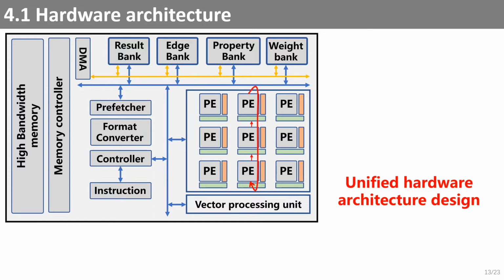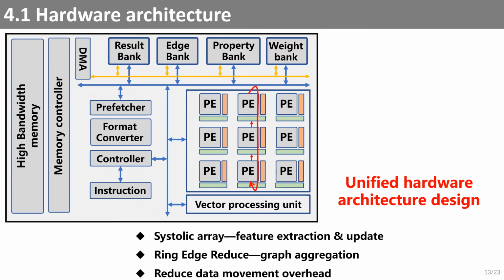The accelerator leverages 1 PE array to support the feature extraction, aggregate, and update stages. At the same time, the systolic array performs the feature extraction and update stages. Meanwhile, each PE in the same column of the ring edge reduce array is connected to its neighbors in a ring network to perform the aggregate operation.